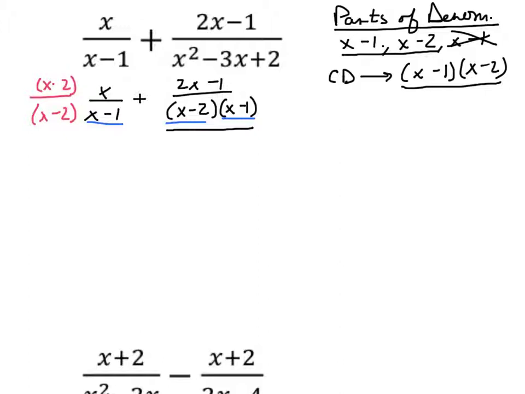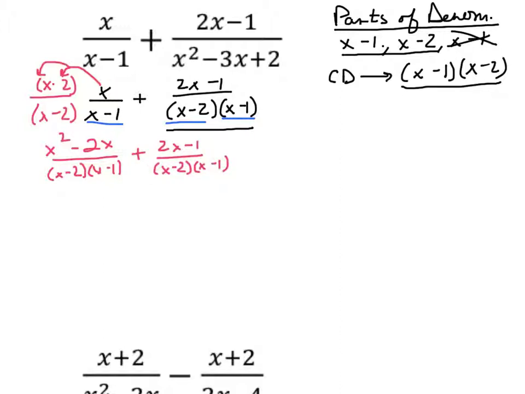Now, once I've done that, I'm going to distribute the x through here and here. So I've got x squared minus 2x all over x minus 2, x minus 1, plus 2x minus 1 over x minus 2, x minus 1.